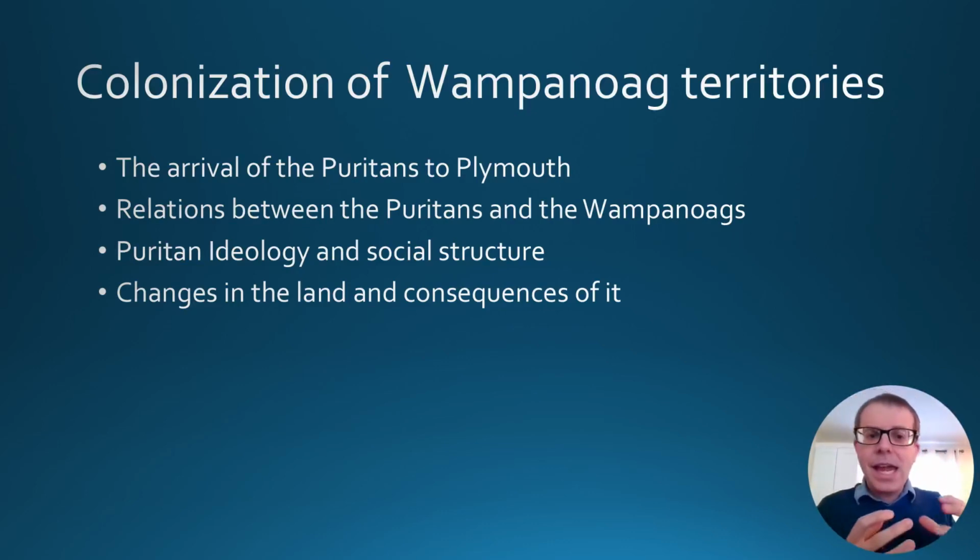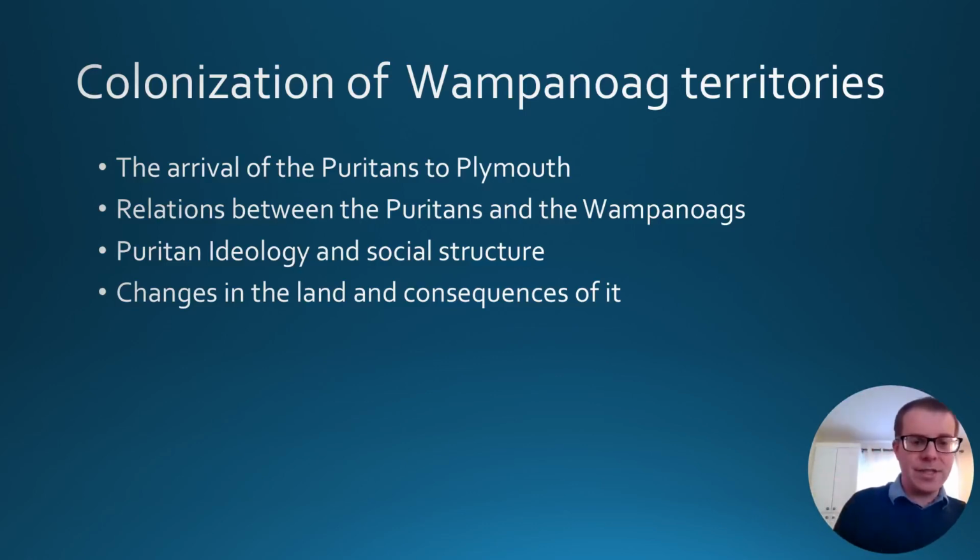And they begin to bring in domesticated animals, just like the Virginians did, cattle and pigs. And again, they let these domesticated animals run wild, and these animals start tearing up the farms of the local Wampanoag people who are living in villages quite nearby.